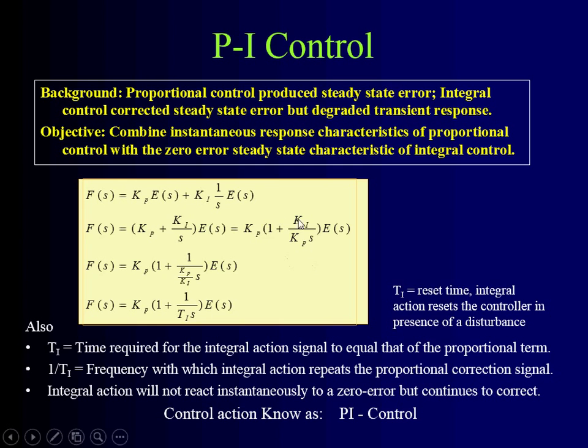So you could do the expression of this in this form or this form using these other variables, like t sub I is the reset time. Integral action resets the controller in the presence of a disturbance. 1 over t sub I is the frequency with which the integral action repeats the proportional correction.